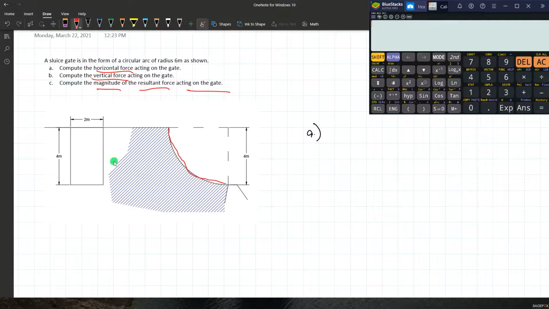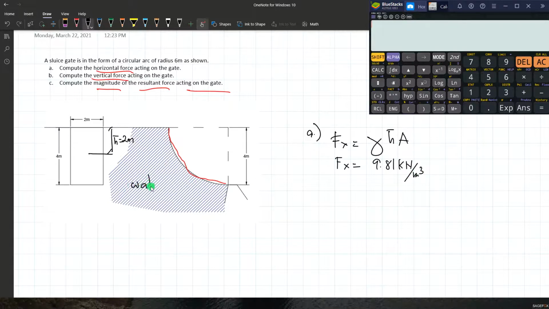So we form a rectangular surface which is 2 meters by 4 meters. Applying the solution, f of x or f of h equals gamma bar h a.